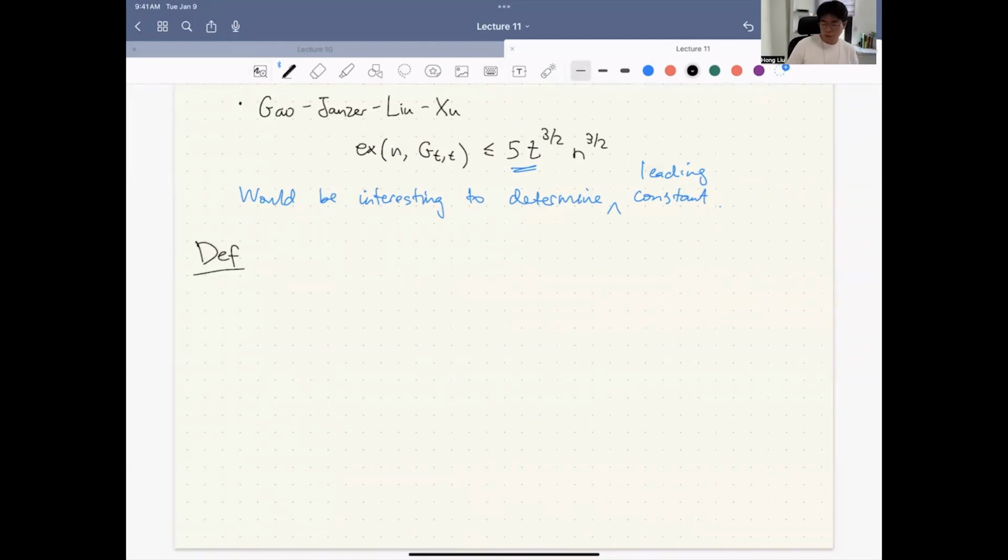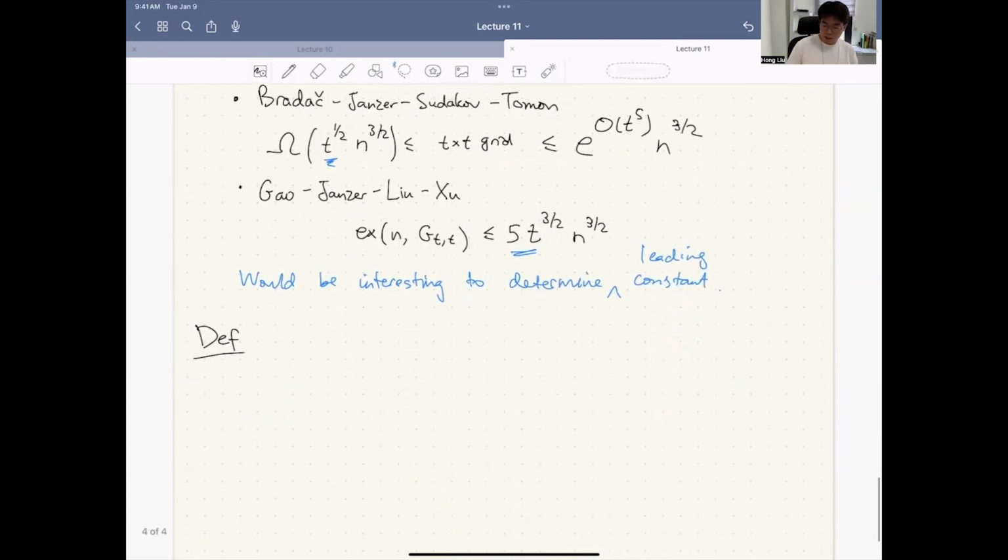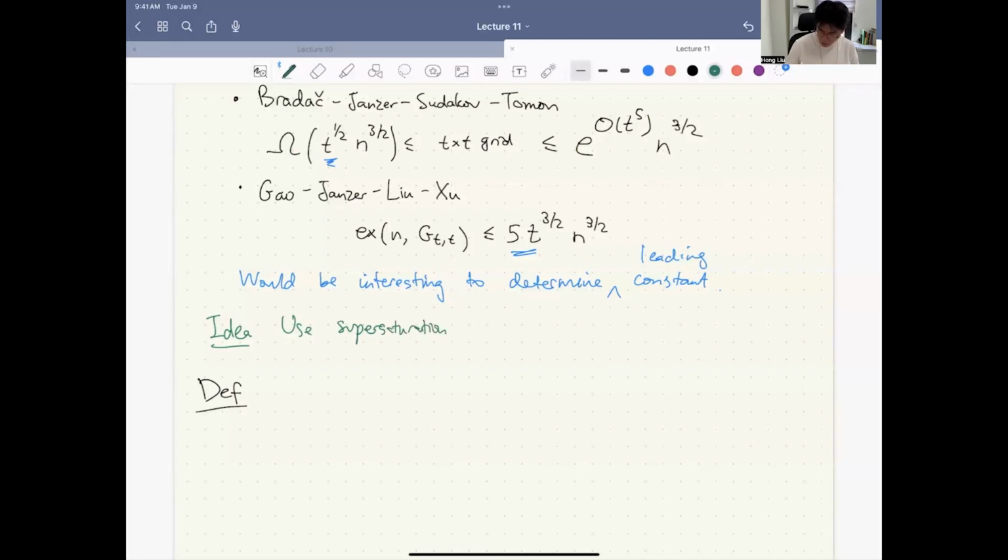Here, maybe let me first say the idea: use supersaturation for paths to grow a grid cell by cell.